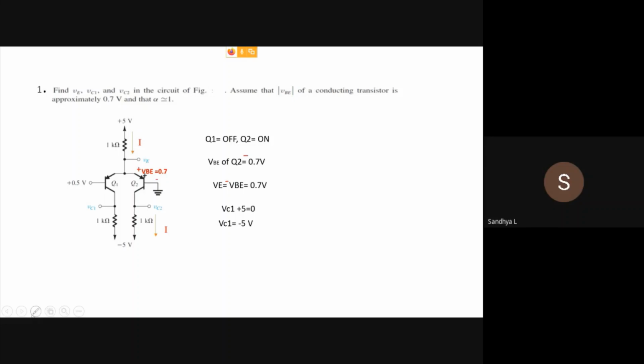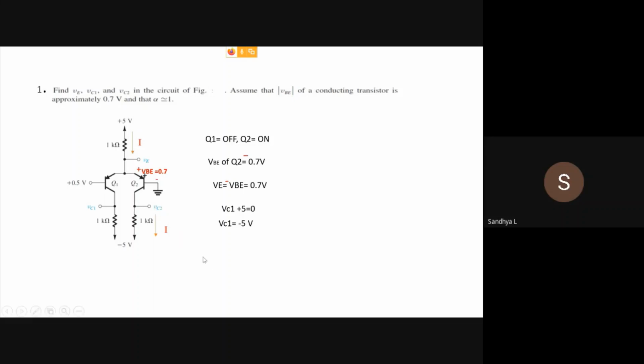Now in the next case, here we have a current because Q2 is on. Here also we are taking alpha equal to 1, so same current flows through emitter and collector. First we have to find out the current value in order to find out VC2. What is current?